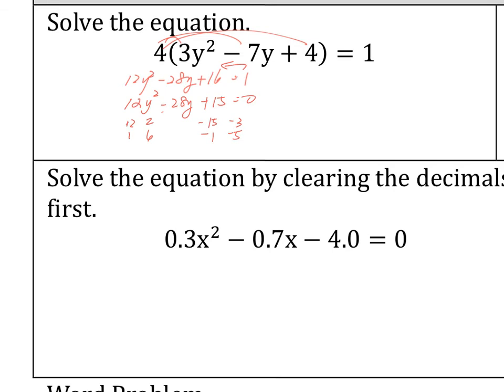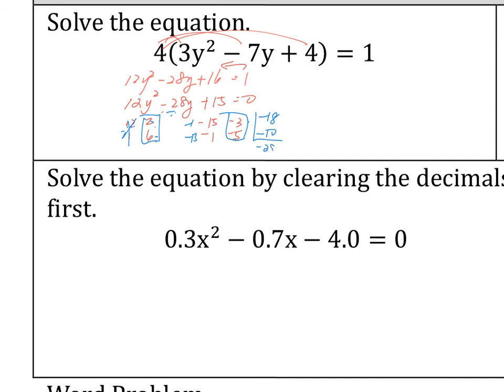Now 12, I wouldn't use 12 because it's too big, okay? Like if you use negative 15 down here, it's like 12 times negative 15. It's just way off. So I wouldn't use 12 and 1. So 2 and 6, I will work with smaller numbers, okay? 2 times negative 5 makes negative 10. 6 times negative 3 makes negative 18.